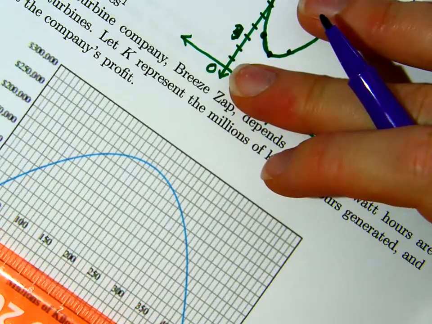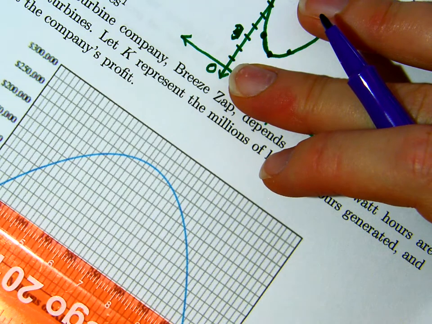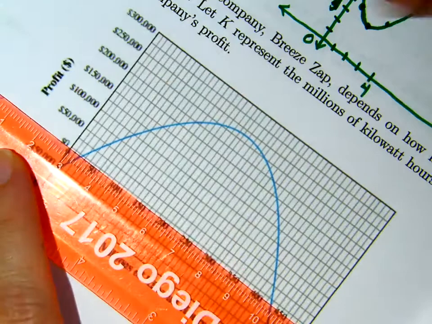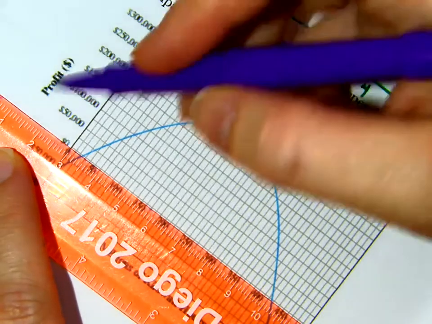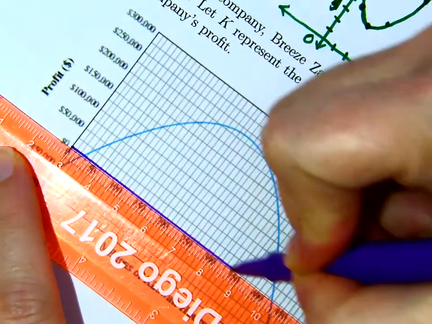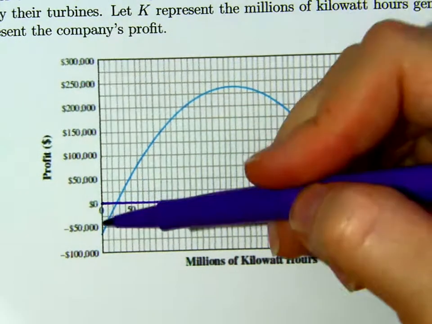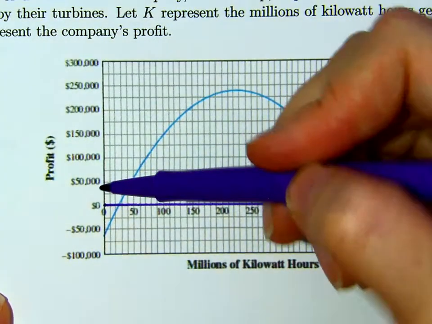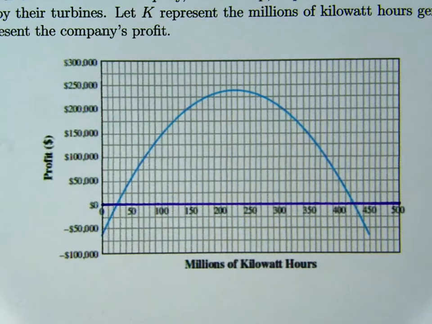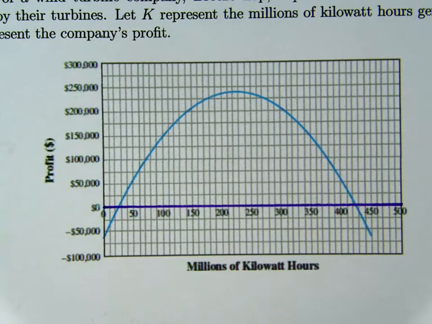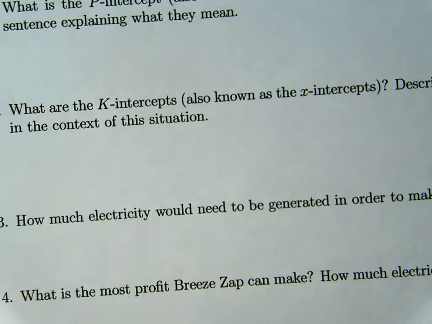So here at 0, this is their axis. So just so that you see what I'm doing, I'm just making this line a little bit darker for my own visual preference there. Yeah, so that I can see what is positive profit or debt. And how many? Millions of kilowatt hours.